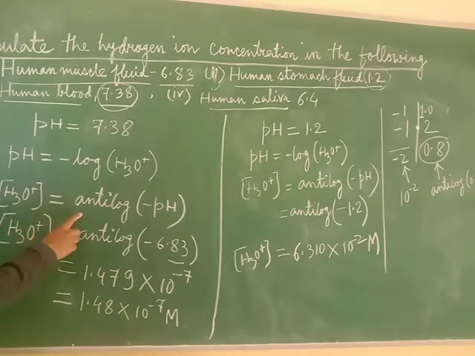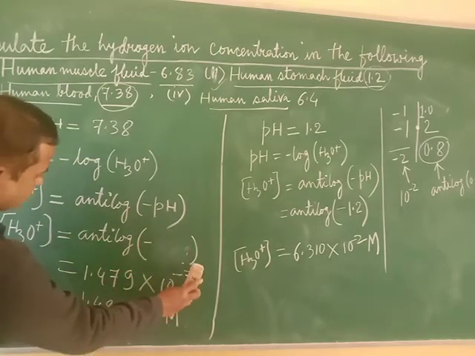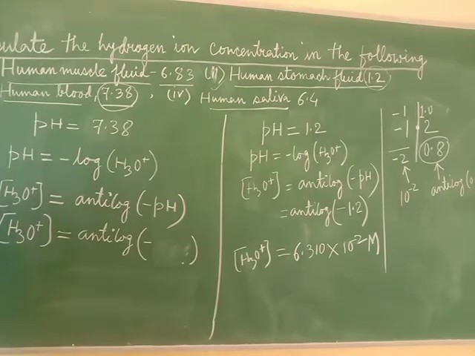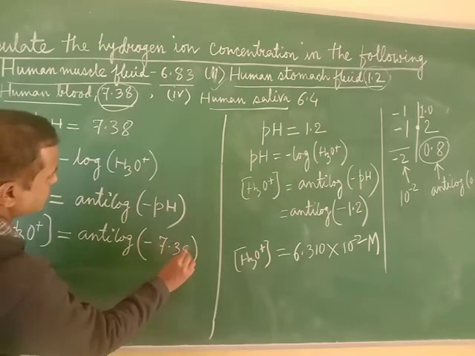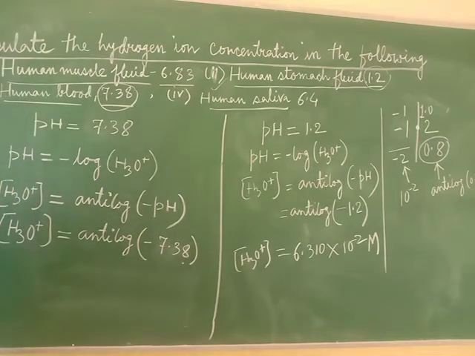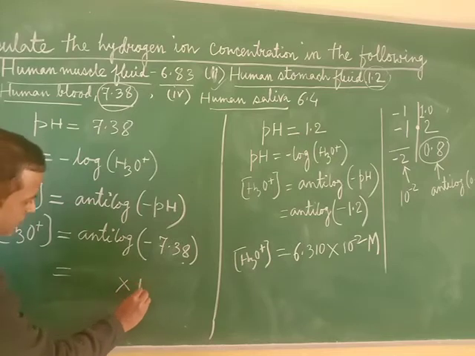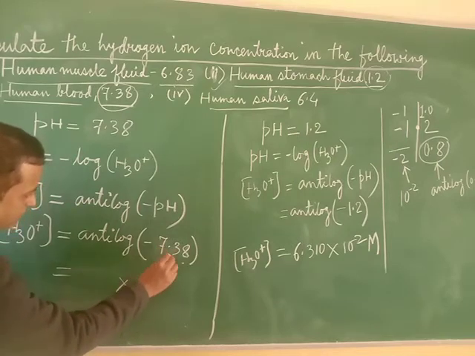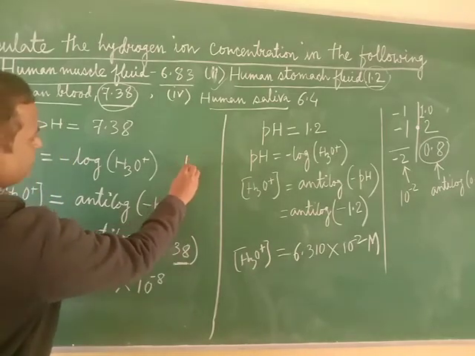So hydronium ion concentration is anti-log of minus pH. So instead of this, we have to write minus 7.38. Now the same trick: you add minus 1 to this part and take it to the power. So minus 7 minus 1 is minus 8. Now you subtract 0.38 from 1.